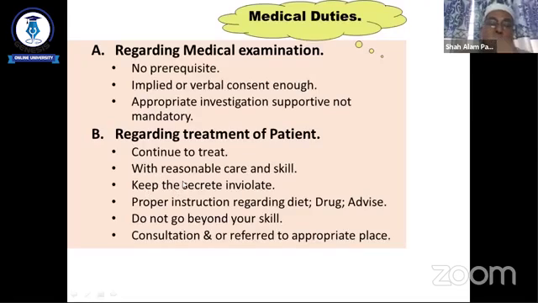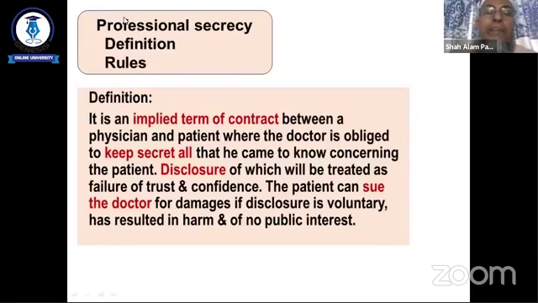This duty indicates that you will keep the secrets about the patient's personal life, social life, family life, whatever he or she told you. You will keep the secrets inviolate. That is professional secrecy. Professional secrecy is an implied term of contract. Remember, it is an implied term of contract.